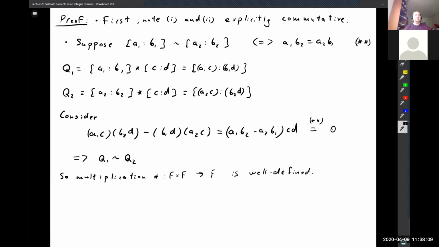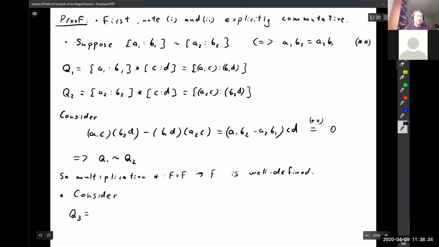Okay, so the same method applies to addition. So again, we take two elements, A1 over B1 and A2 over B2, and we add them with another quotient.